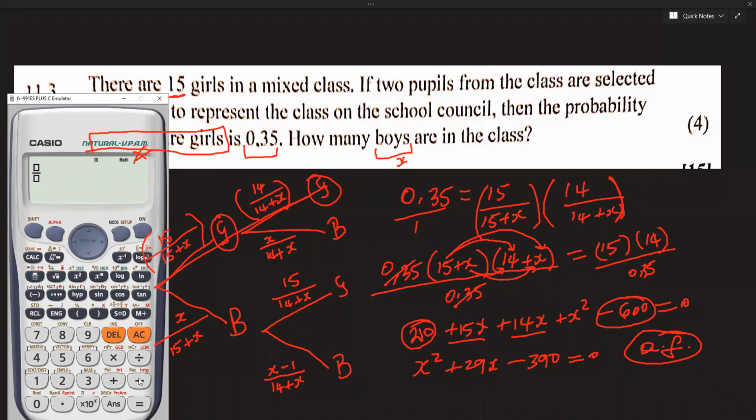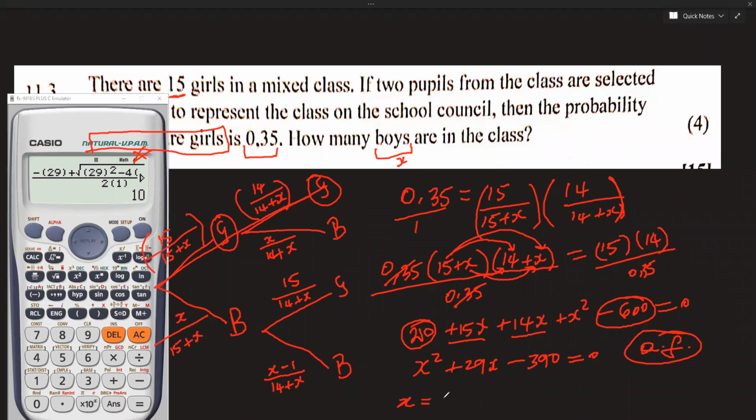So it's negative b, my b is 29. We can all see that b is 29 there. And then plus minus, so I'll just start with the plus, and then 29 squared minus 4ac over 2a, right? So 2 times 1, right? That gives me 10. So the first x value will be 10. But you need to show this part when you are doing your exam, right?